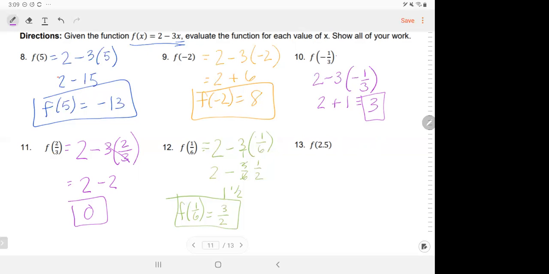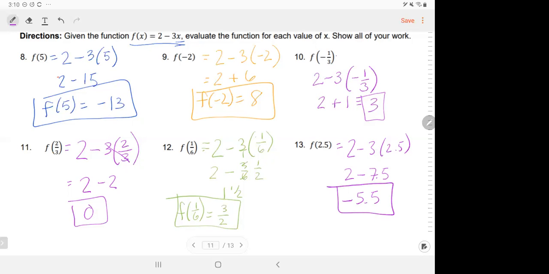And the last one here is f of 2.5 will be 2 minus 3 times 2.5. And if I'm going to do 3 times 2.5, that will get me 7.5. And I have 2 minus 7.5, which will get me negative 5.5.